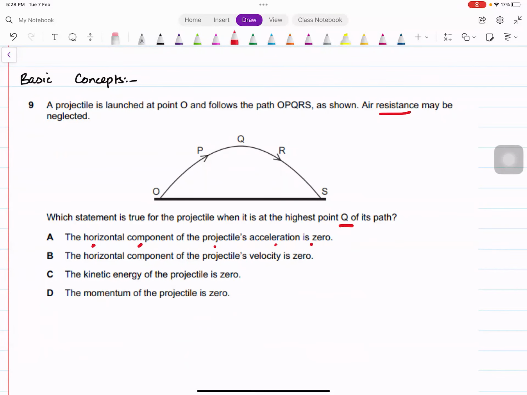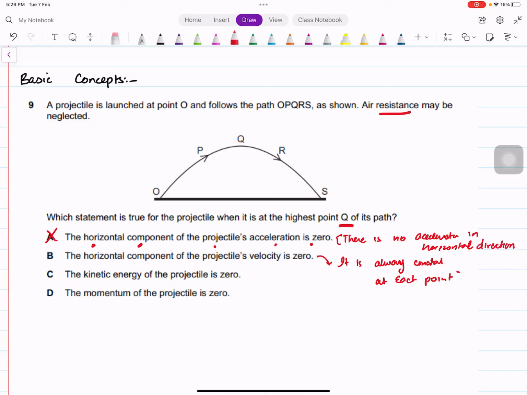There is no acceleration in the horizontal direction. All right, so you need to remember that always. The horizontal component of the projectile velocity is zero. That is wrong. Again, it is always constant at each point.